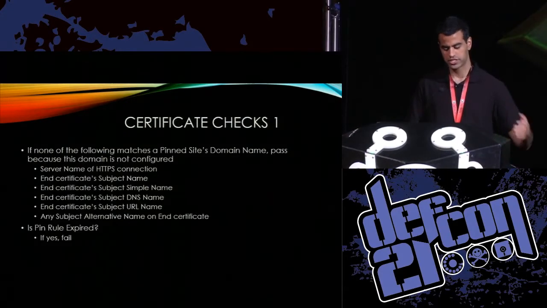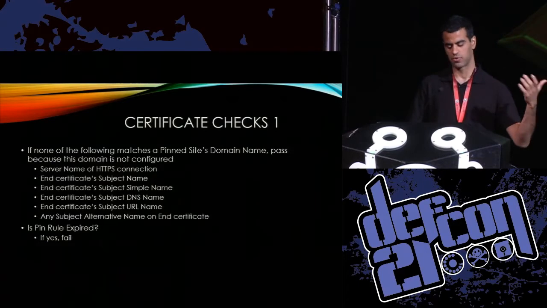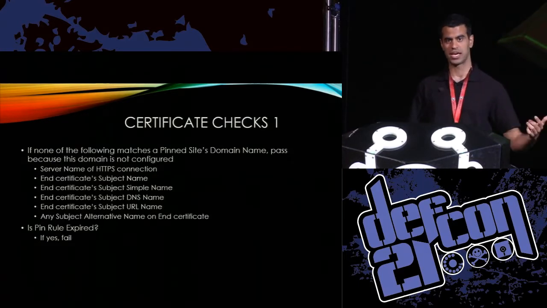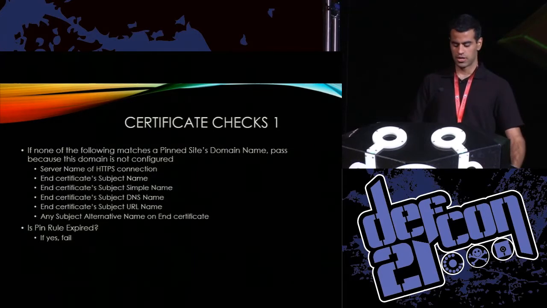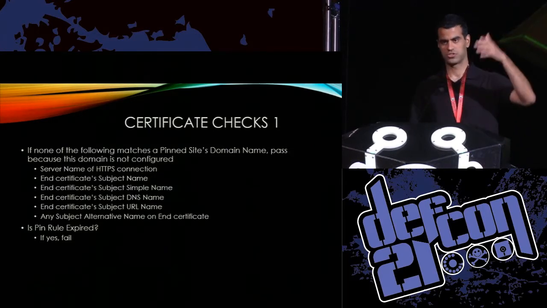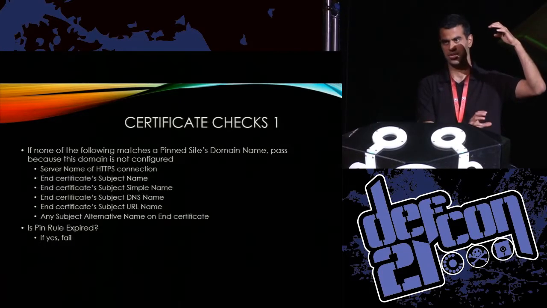So here are some checks that we do on the certificates. We basically check the end certificate and different properties of it, like the subject name, the DNS name, or other things in there, and we make sure that it matches a pinned site that I mentioned earlier that's configured for EMET. Basically, a root certificate is what I showed you earlier as the root of the tree, and the end certificate is the certificate that the HTTPS server gives us.